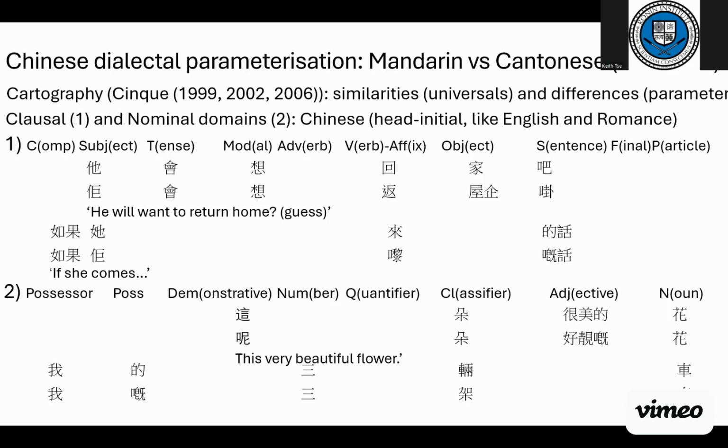Or 我的三辆车. So possessor, the possessive particle, the number, classifier, noun. Okay, so my three cars. So these two head initial structures are very common, and they also underlie Chinese, both Mandarin and Cantonese.